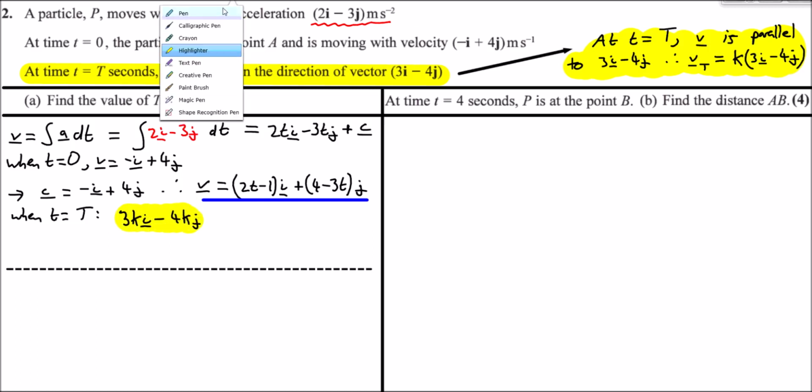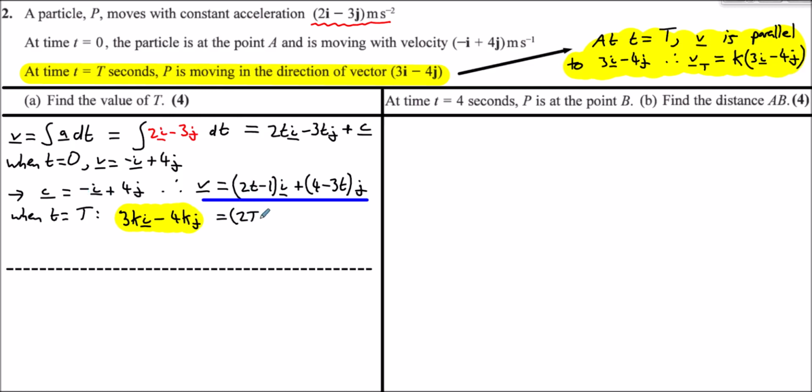So that expression there must equal this expression here, subbing little t for capital T. And so that's going to be 2t minus 1 lots of i plus 4 minus 3t lots of j. I can now equate these components.